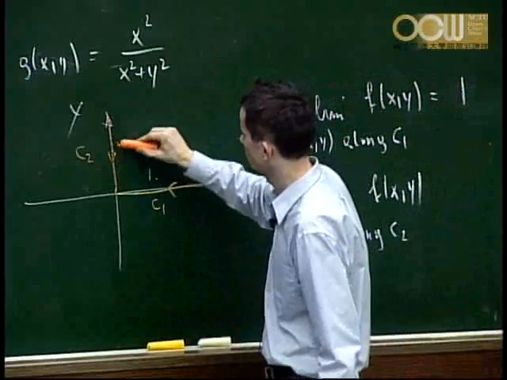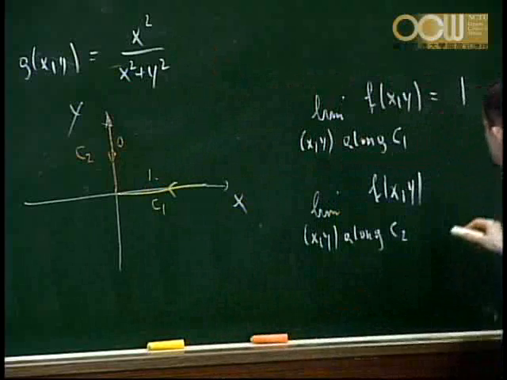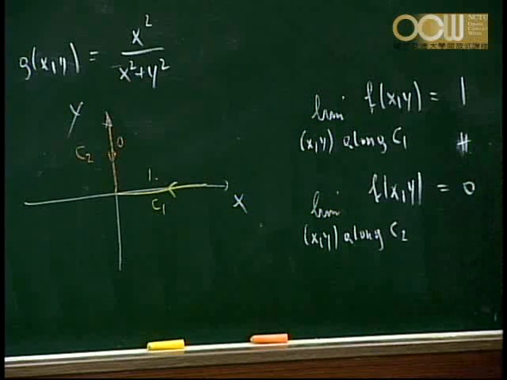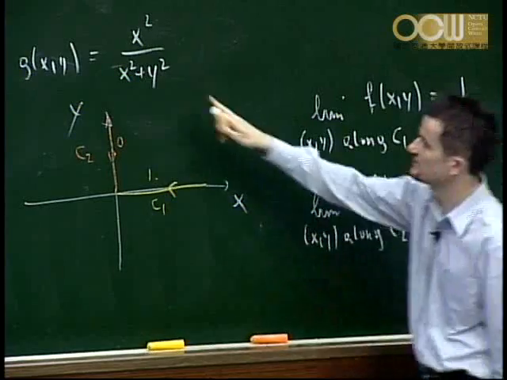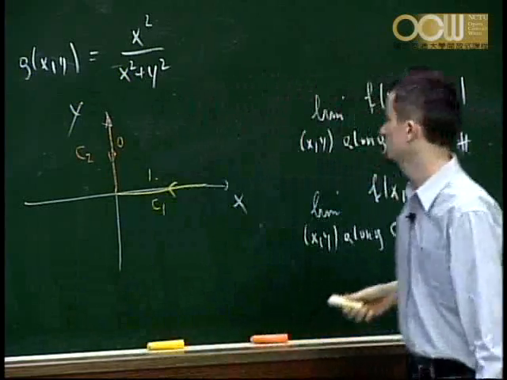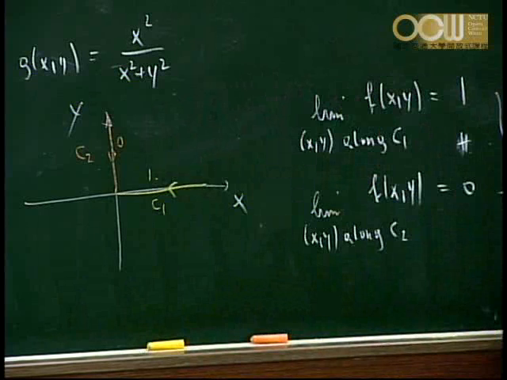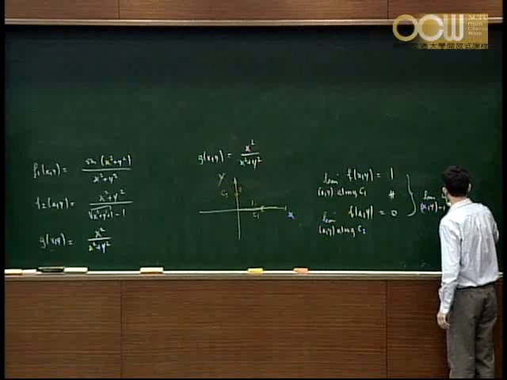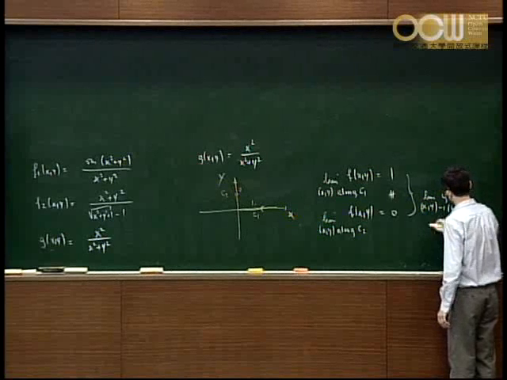So here you have 0. And because those two are different, you see that the limit as x, y both tend to 0, 0 does not exist.